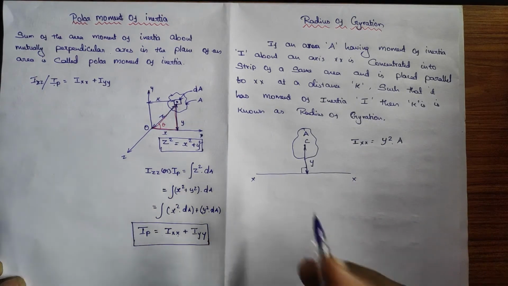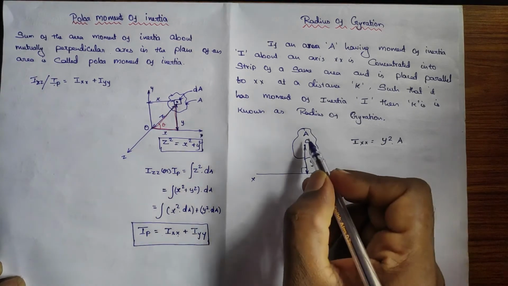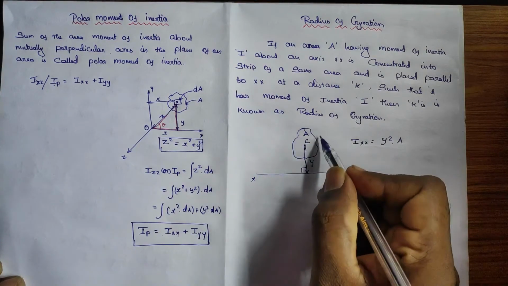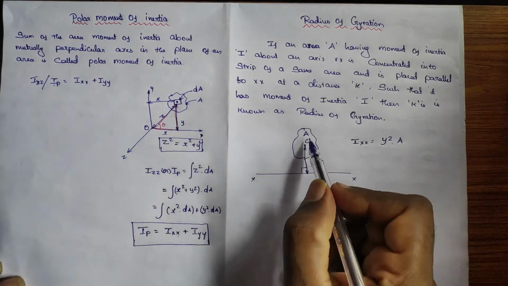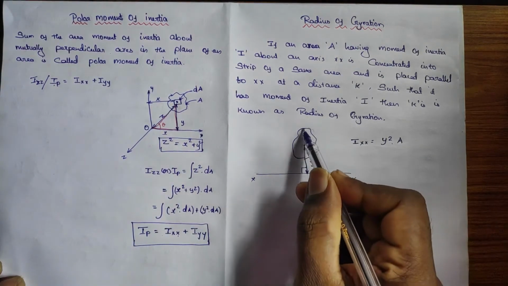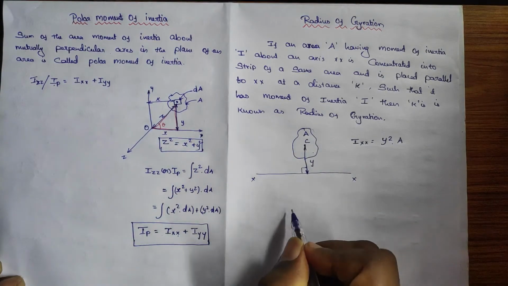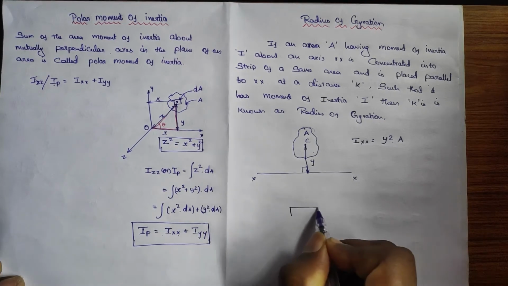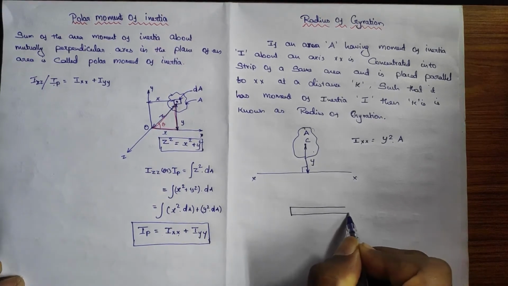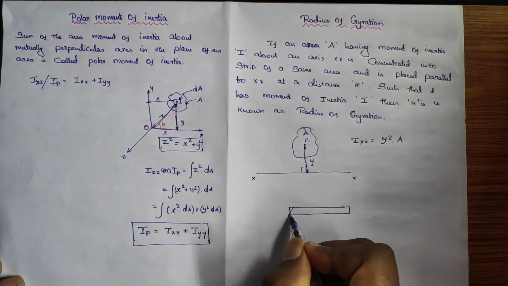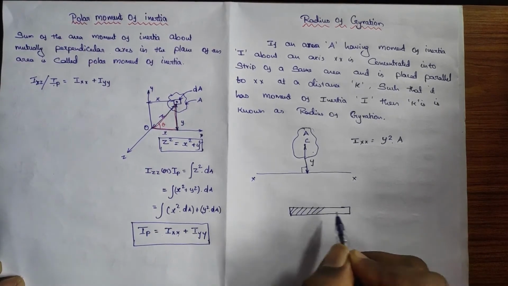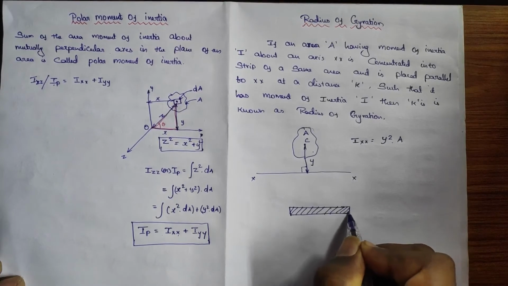Now I am going to concentrate this area A into a strip. Just listen: I concentrate this area, with negligible size, into a strip with the same area.